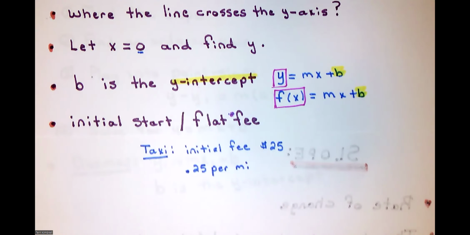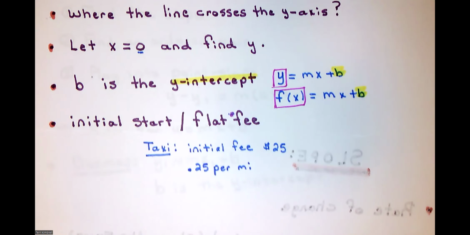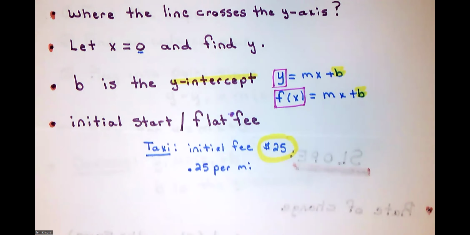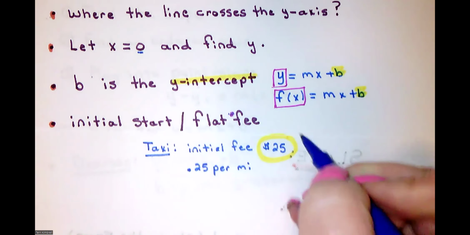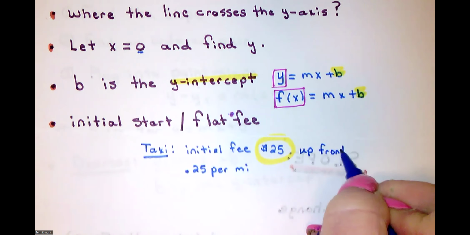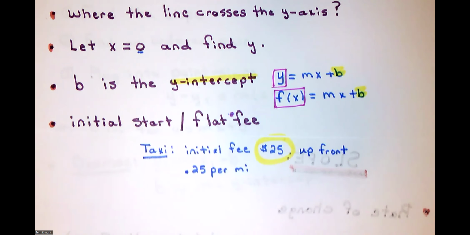So if you remember that, the initial fee is going to be the y-intercept. That is where you're going to have that fee up front. Sometimes it's called an upfront charge. It's what you have to pay the company. And after you give them the $25, they're going to charge you 25 cents for every mile that you travel.